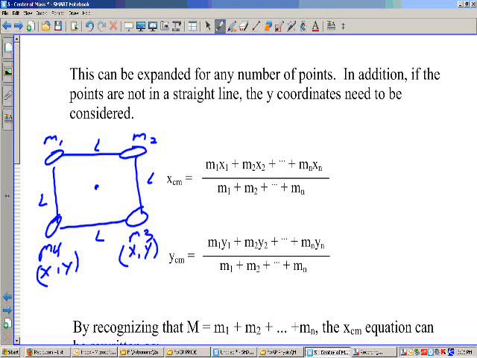Now the calculation to do the center of mass is shown right here. That gives us the x coordinate for the center of mass. What we need to do is we pick an arbitrary reference point. It doesn't matter where it is, but we pick some reference point and we say this is our 0. In this example here, I might pick this point halfway between those as my origin.